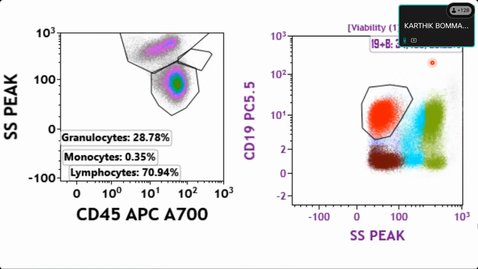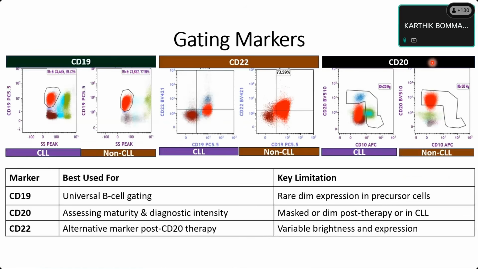Okay. For any B cell lymphoma, we have to identify the B cells. We use something called gating markers or cells of interest because it should be expressed across all cells of that particular lineage. For B cell lineage, we can use CD19, 20, 22, 79a, etc. But we commonly prefer CD19 because it is a pan B cell antigen.